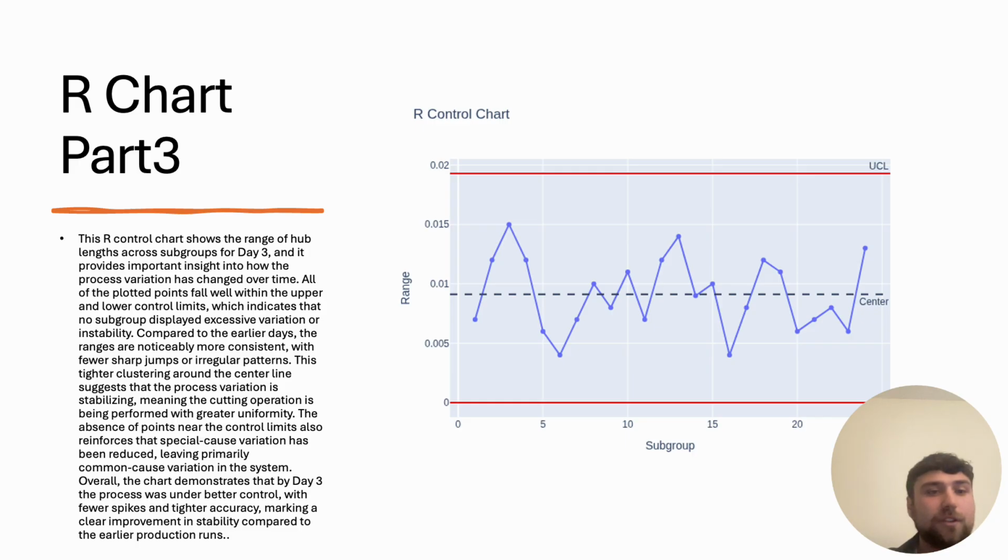The chart demonstrates that by day 3, the process was under better control with fewer spikes and tighter accuracy, marking a clear improvement in stability compared to earlier production runs.